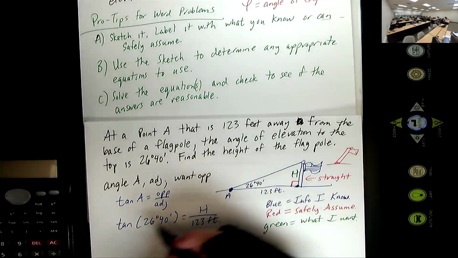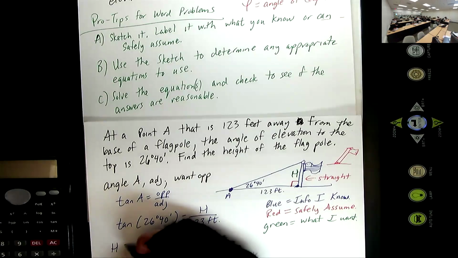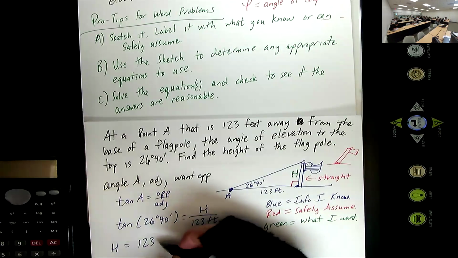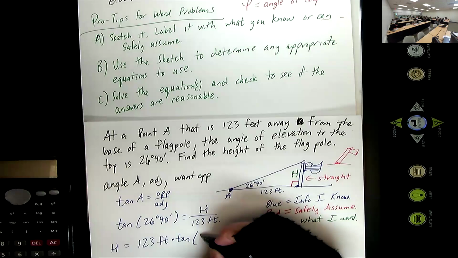So if I multiply both sides by 123, I will get 123 feet times the tangent of 26 degrees, 40 minutes.